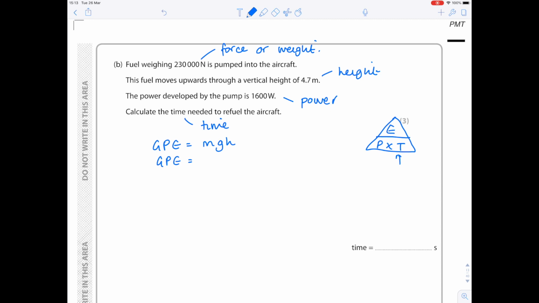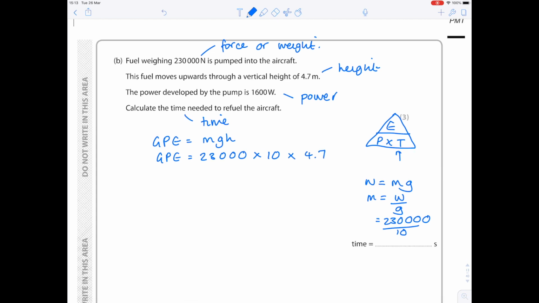We know that weight equals mass times gravity, and therefore mass is weight divided by gravity, which is therefore 230,000 according to the question, divided by 10. So therefore mass is this number, times gravity, which is 10, times height, which is 4.7.